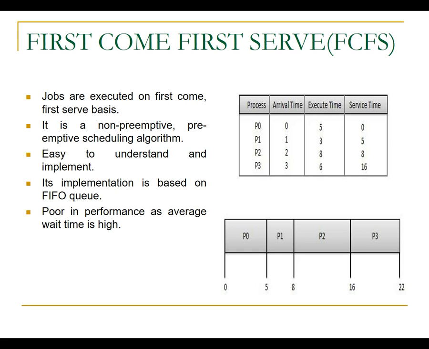That means whichever process is created first by the central processing unit, this algorithm will execute that process first. We know that processes are of three different types: micro process, mini process, and major process, where the life cycle of a microprocess is very short.